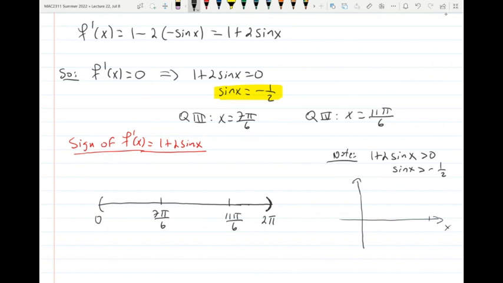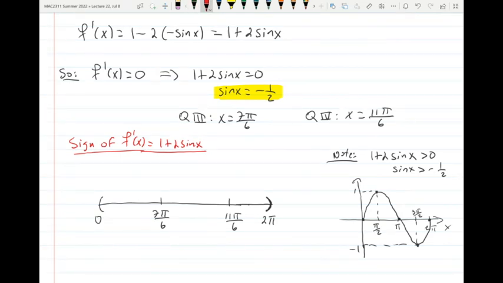If this is 2 pi, and this is 1, this is negative 1, the sine begins here, goes up, middle, then down, then back up. This is pi over 2, and then 3 pi over 2.